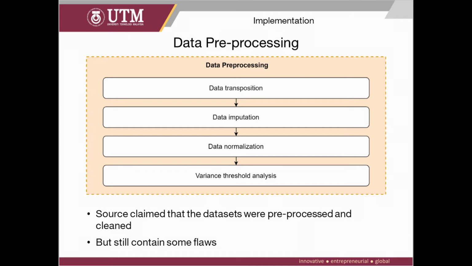Then, data imputation involves checking for duplicated and missing values and replacing them appropriately. Data normalization follows after finishing the data imputation. The normalized omics data then undergo variance threshold analysis, which checks for and removes zero variance features.